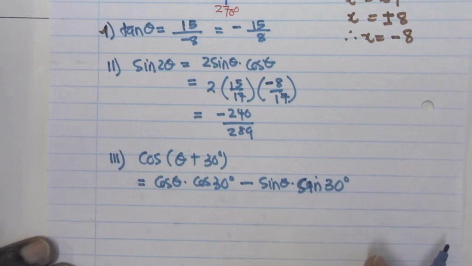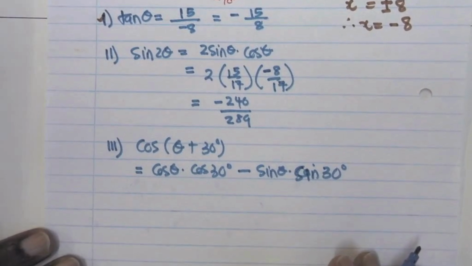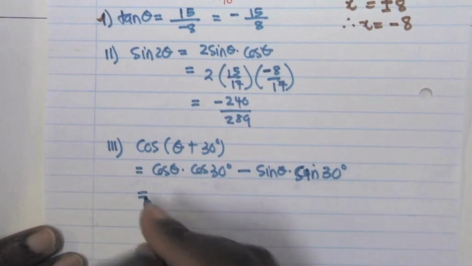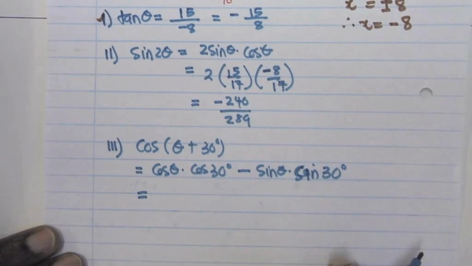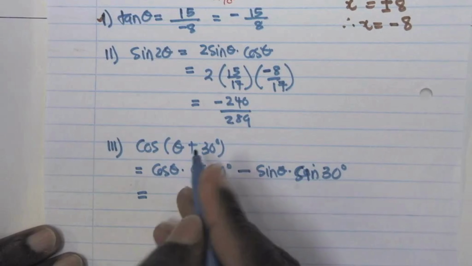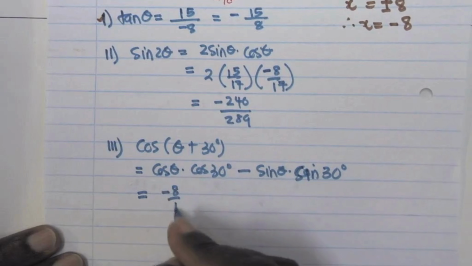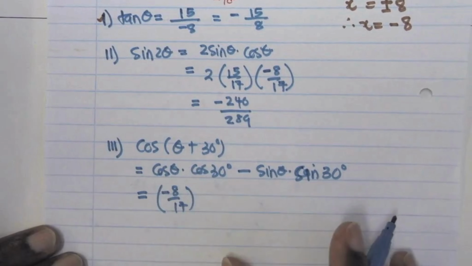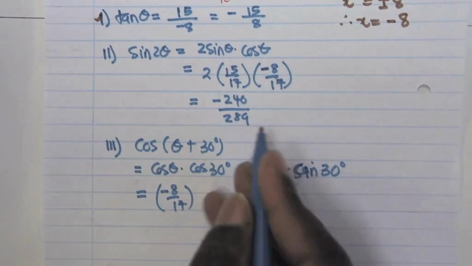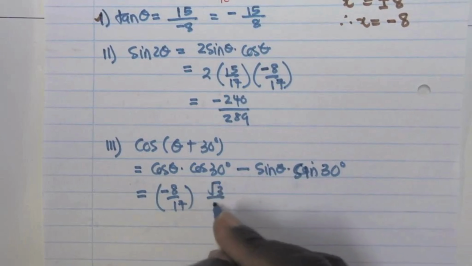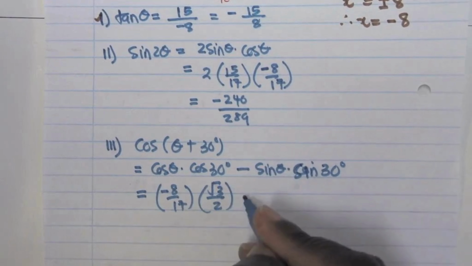Always check this on the formula sheet before you commit yourself to writing the identities down. Cos theta, I'm going to get it from the diagram. And according to the diagram, cos theta is negative 8 over 17. But cos 30 degrees is a special angle, which gives me a value of square root of 3 over 2.